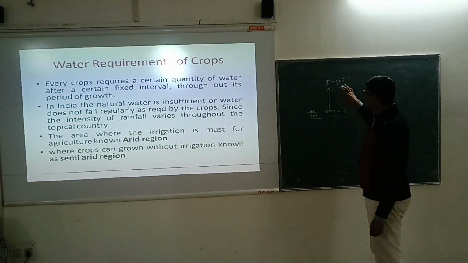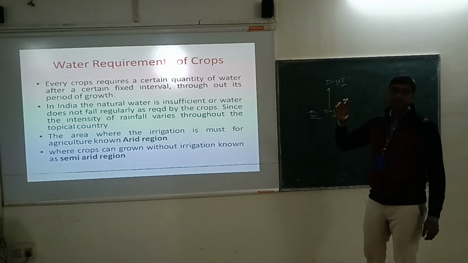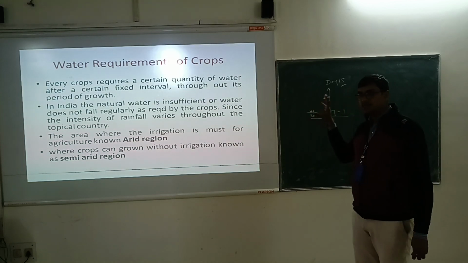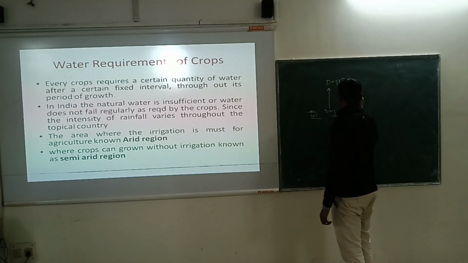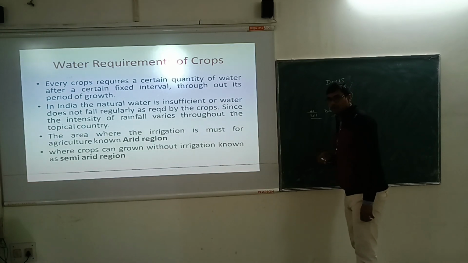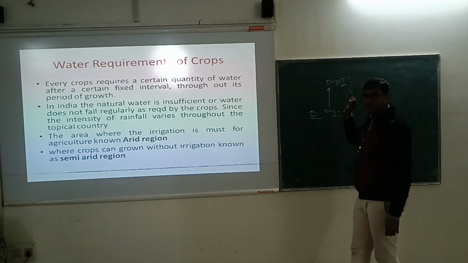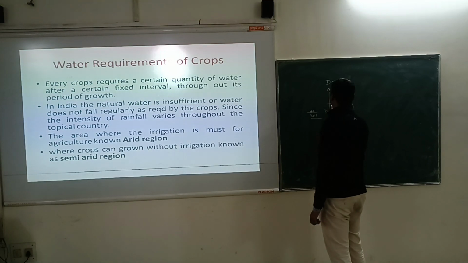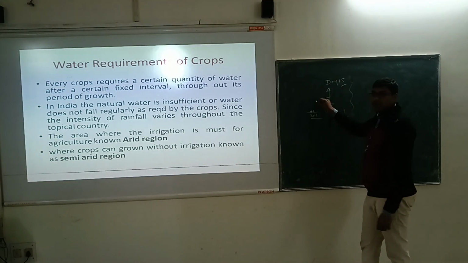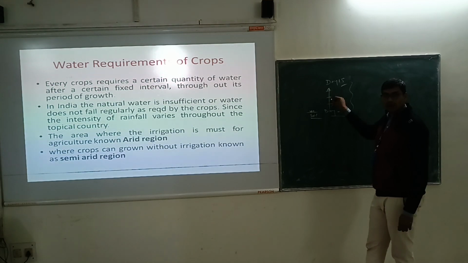So this 15 days is the time period of this crop. For developing this full-phased crop, 15 days are required. Now suppose the interval is 5 days. So in a 5 day interval we will give the water.